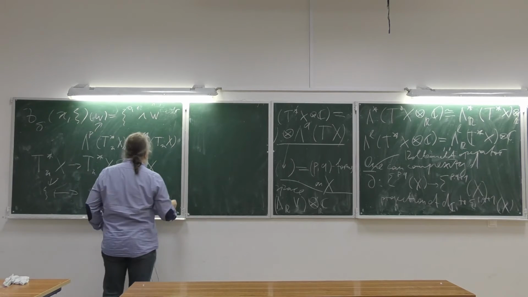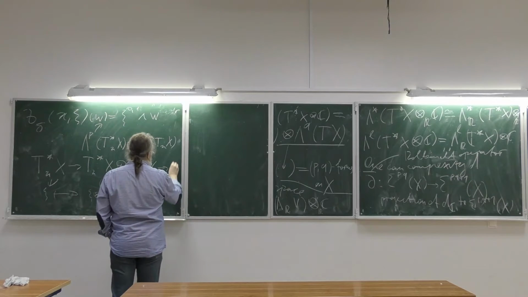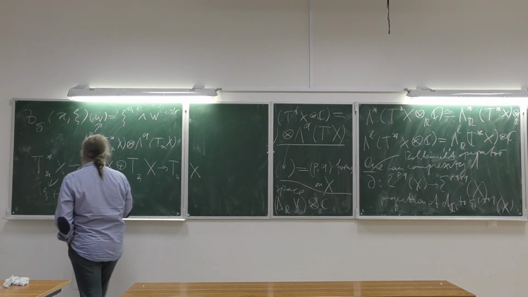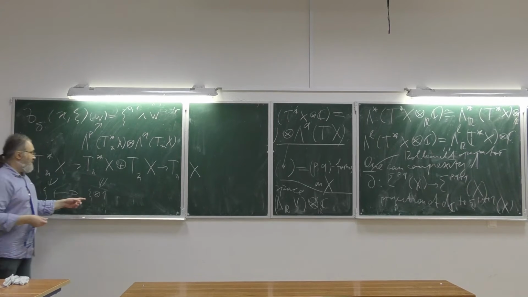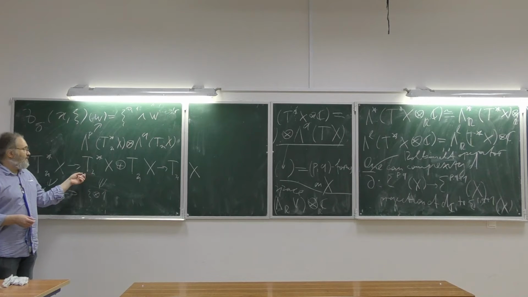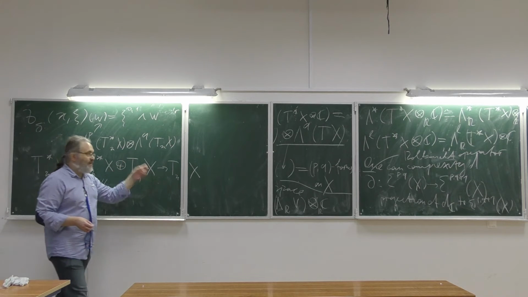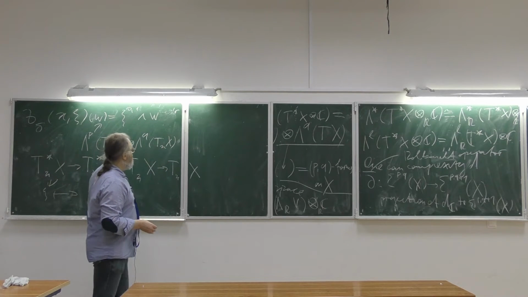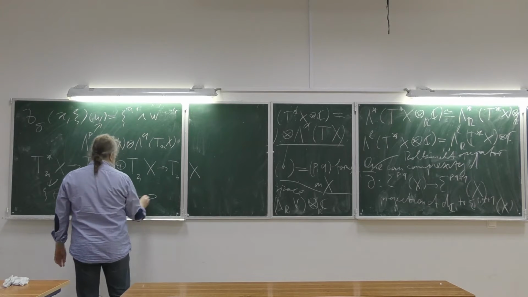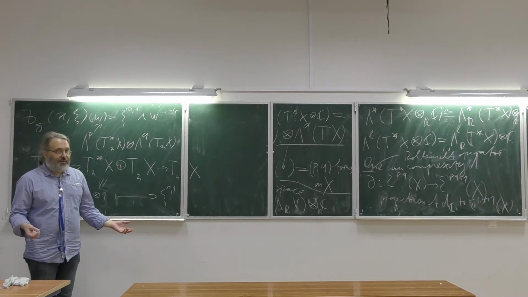And then I decompose this as the 1, 0 component plus the 0, 1 component, and forget the 1, 0 component.